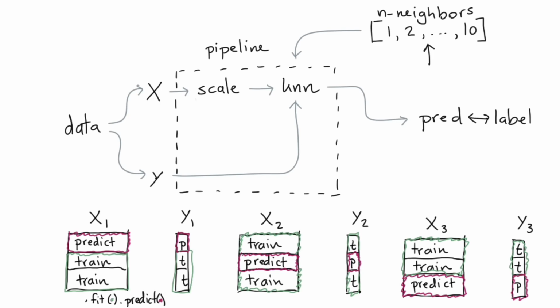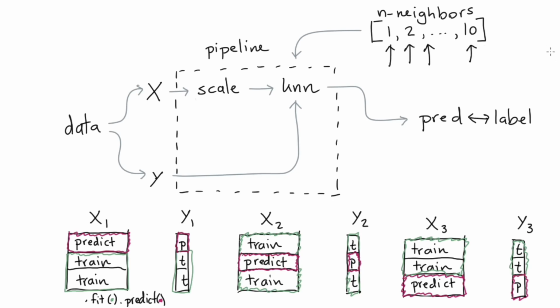This prevents me from ever predicting on data that I've used during training, but it does allow me to judge in the predict section of my data how good my predictions are. And the idea essentially is, if I just repeat this, then maybe I'll have a pretty good metric of performance for when I had 1 neighbor selected, when I had 2 neighbors selected, and when I had 10 neighbors selected.